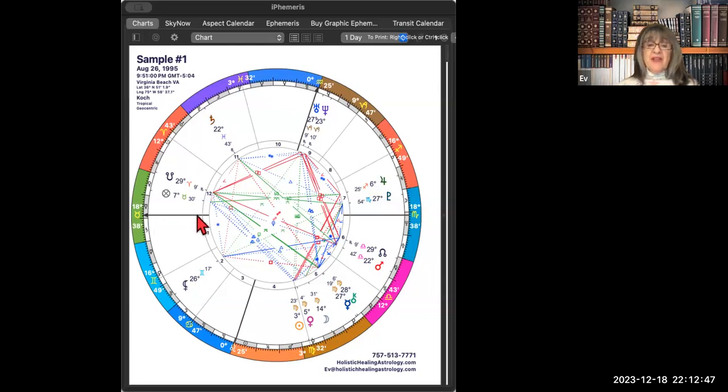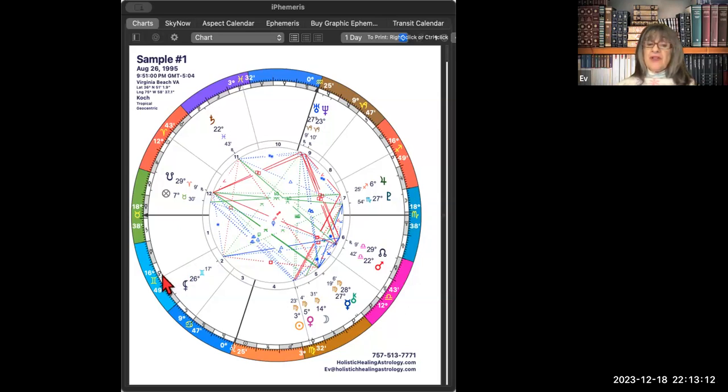This is your ascendant, the first house cusp or edge, and the first house ends here in this line, and it starts the second house cusp. Right here is the second house cusp.